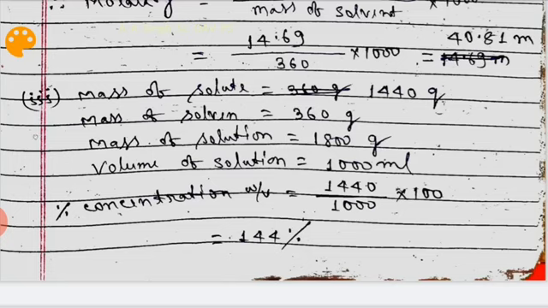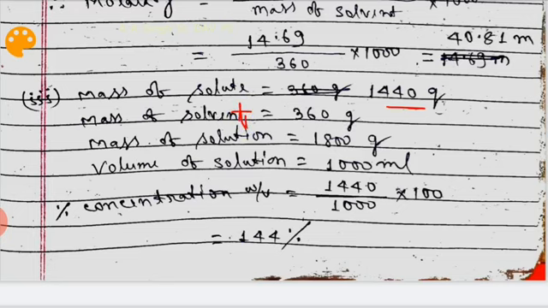Now next question is percentage concentration W by V. Now mass of solute is equal to 1440 gram. Mass of solvent is equal to 360 gram.